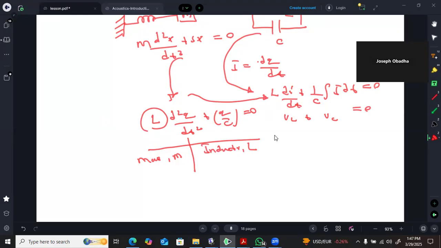Of course, if you listen out, you will always be able to see how it applies. Like the inductor resists the flow of current. It slows down the flow of current. So when it comes to the mass, because we are saying current and velocity are analogs in each of these circuits, then the mass would also slow down the velocity with which the system moves.